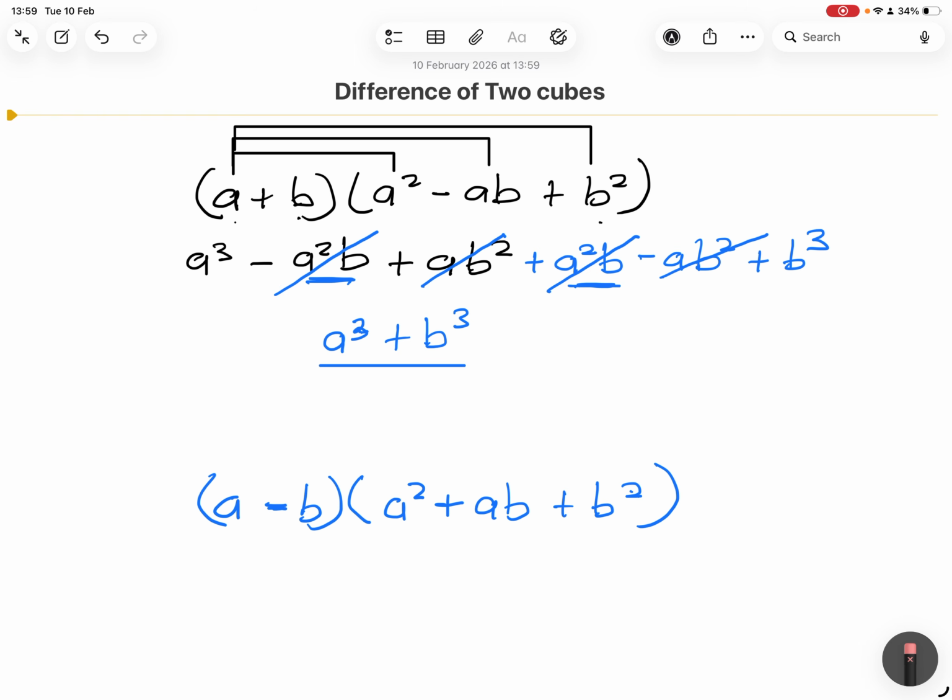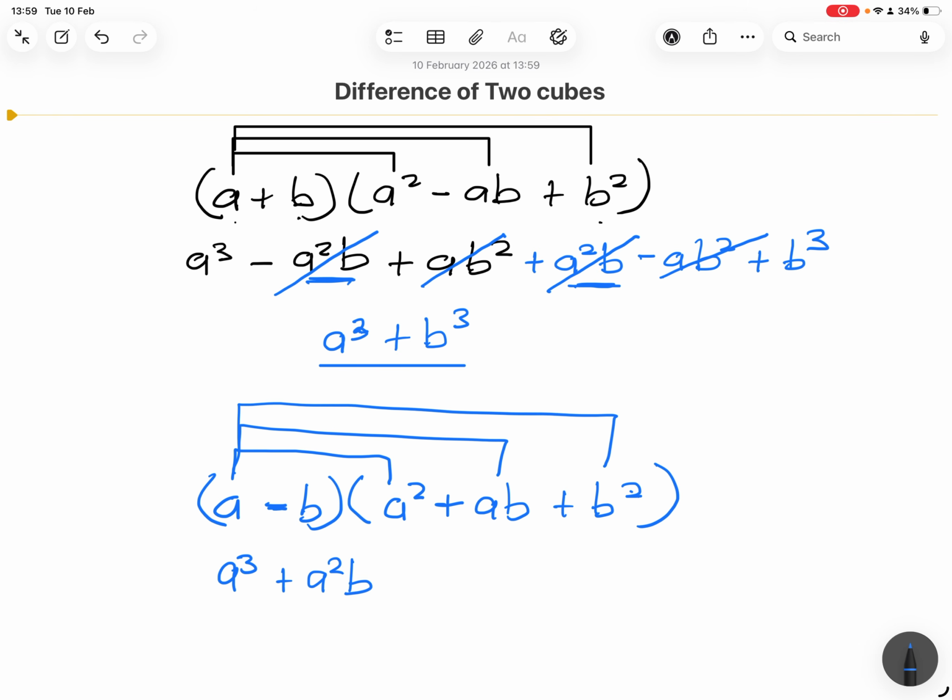So I have got, once again, this is going to be a cubed. That will give me plus a squared b. That will give me plus ab squared. Then we go for the second term with the first of the trinomial.